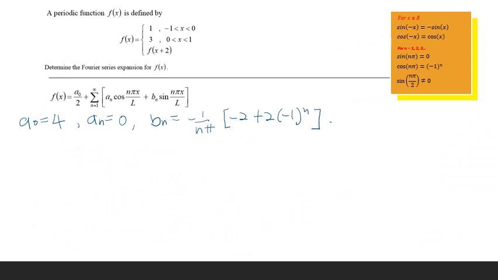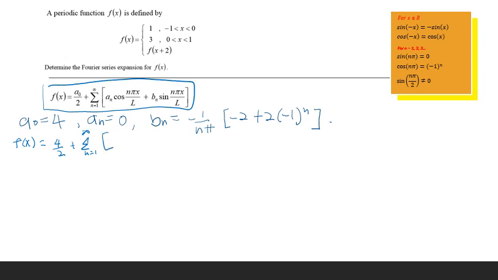Here we have a0, an and bn, the coefficients for the Fourier series that we have calculated earlier, so I just copy them back. Next, we want to substitute into our Fourier series. This is the formula, so we just need to substitute. fx equals 4 over 2 plus summation from n equal to 1 until infinity. We have an cos n pi x over L. Since an equals 0, multiplying by cos we get 0, so just ignore this one.